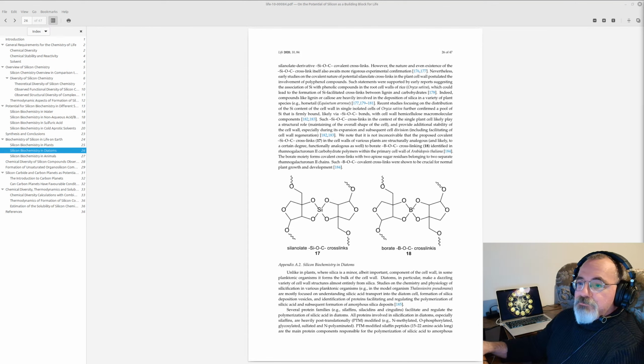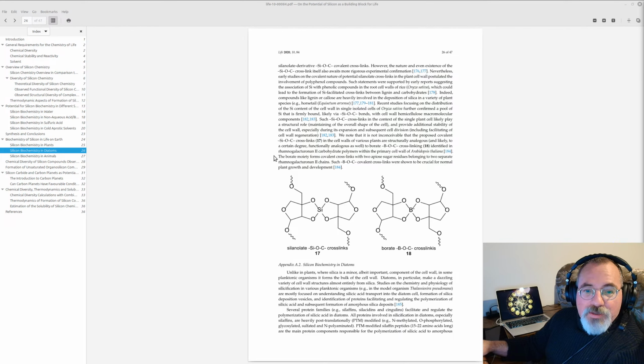Which is okay. It's thale cress. If I remember, I think I'll say thale cress in the future. Where was I? Within the primary cell wall of thale cress.